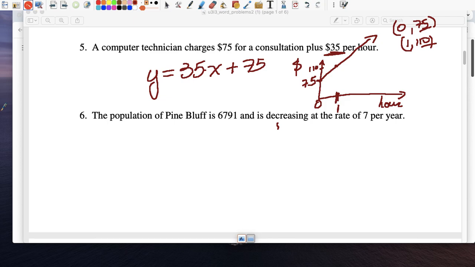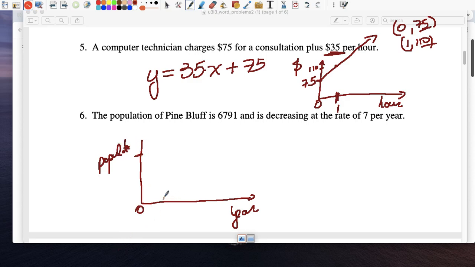Next one, the population of Pine Bluff is 6,791. It's decreasing at a rate of 7 per year. Okay, so 7 people. Again, if you were to graph it, and let's graph this. This would be year. This would be the population. So our starting point, it says, is right now, at this year, let's start keeping the records for this town.